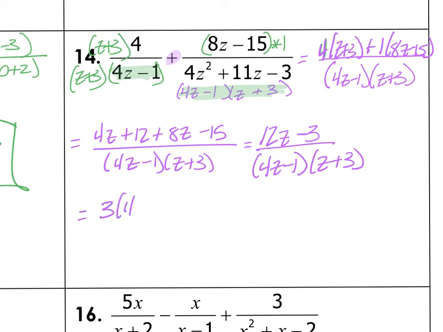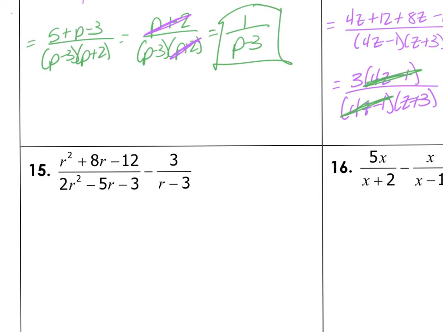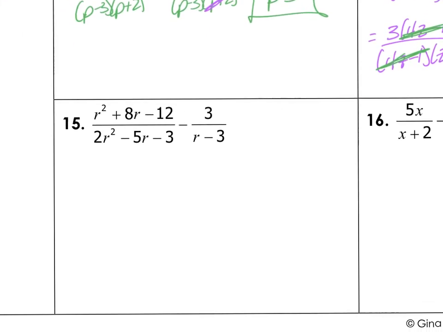So that gives me 3 times 4z minus 1 all over 4z minus 1 times z plus 3. And the 4z minus 1s make a 1. I get left with 3 over z plus 3. Good job, you guys.